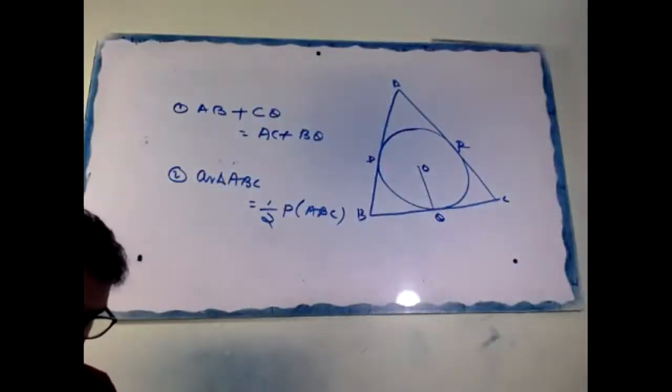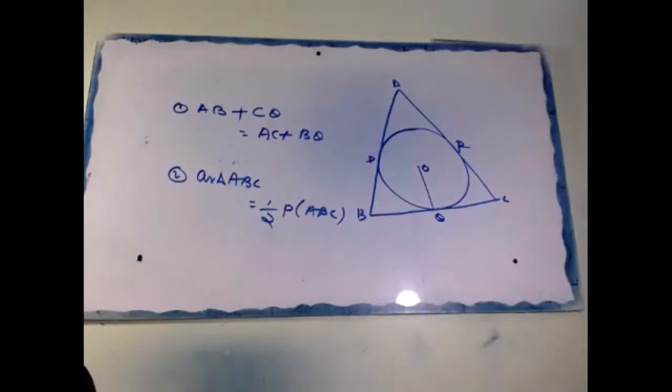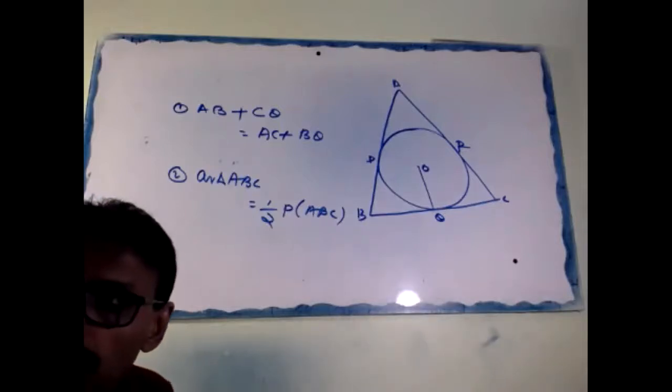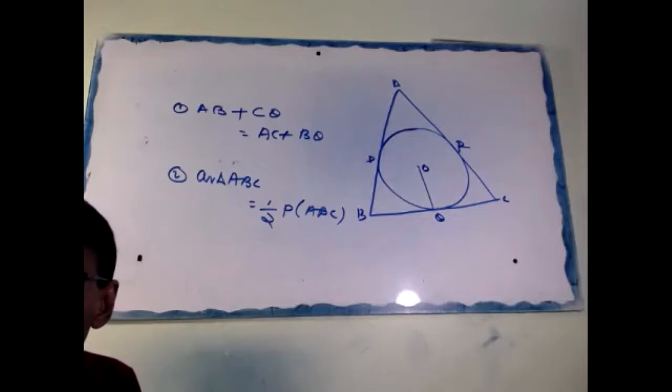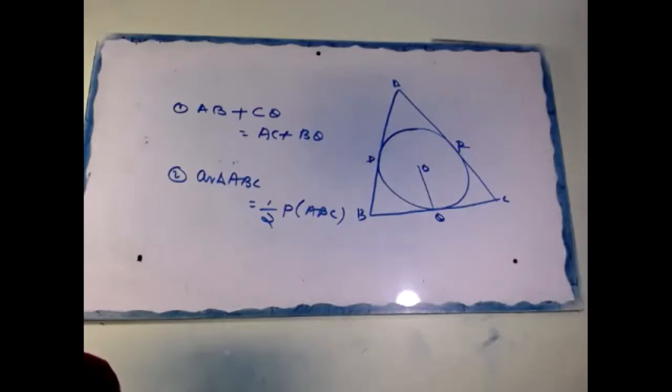Okay, listen. In figure, the sides BC, AB, AC of triangle ABC touch a circle with center O at P, Q, R respectively.